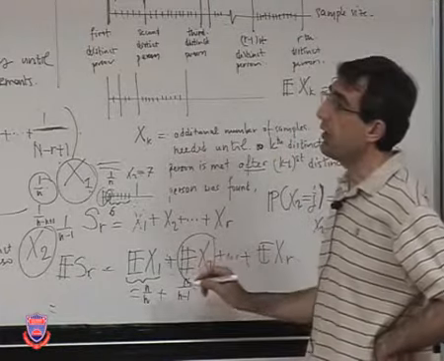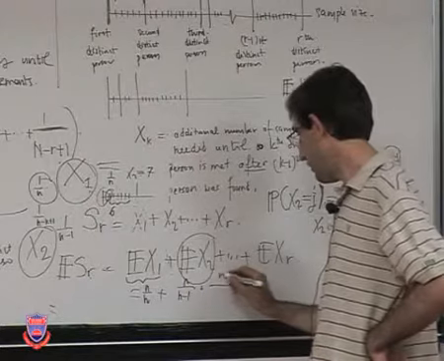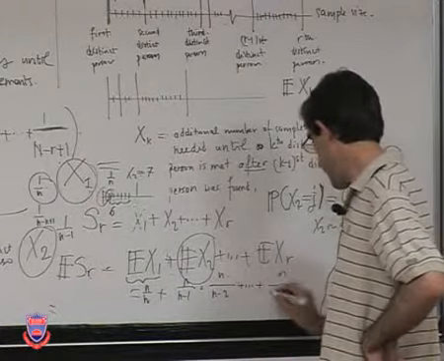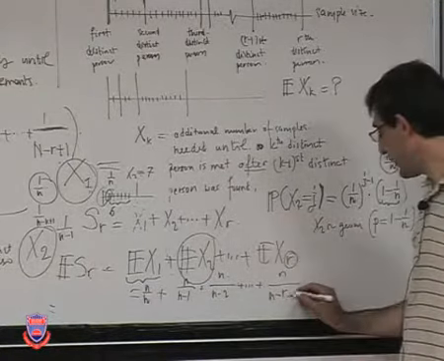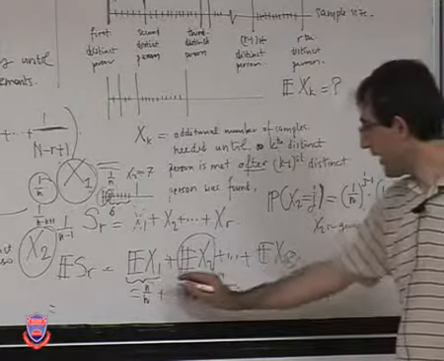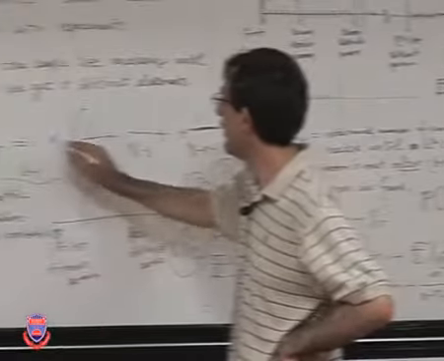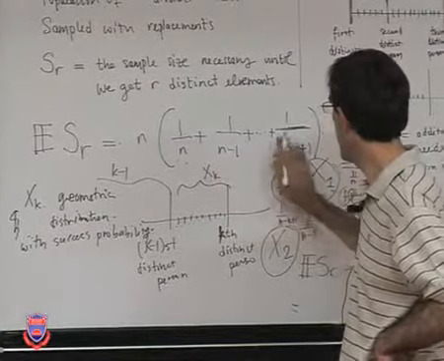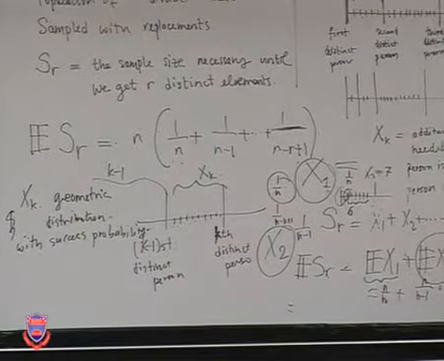And as k grows, the denominator is going to get smaller, right? So this is n over n minus 2. And finally, for k equal r, you get this, right? So n is common to all of them, you get exactly this. If I also just correct this formula for my mistake, this is how you get it.